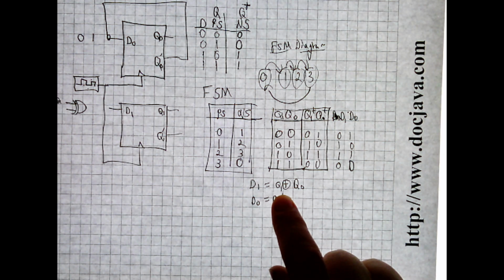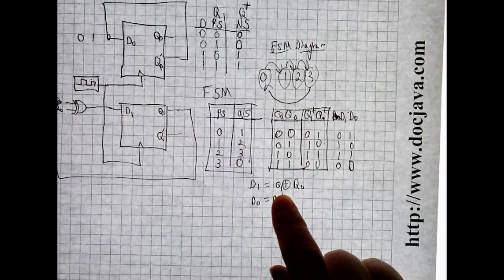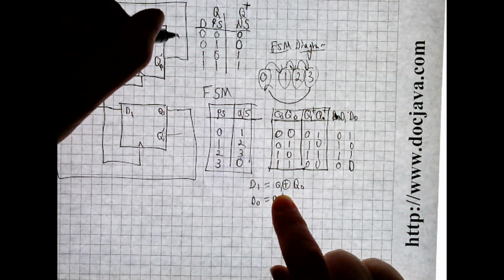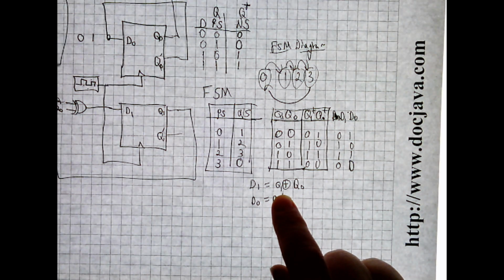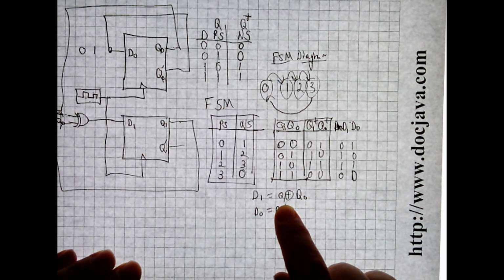Put in Q1 and Q0. And here's Q1. And here's Q0. And now you've designed your first counter. How's that grab you? Cool, right?